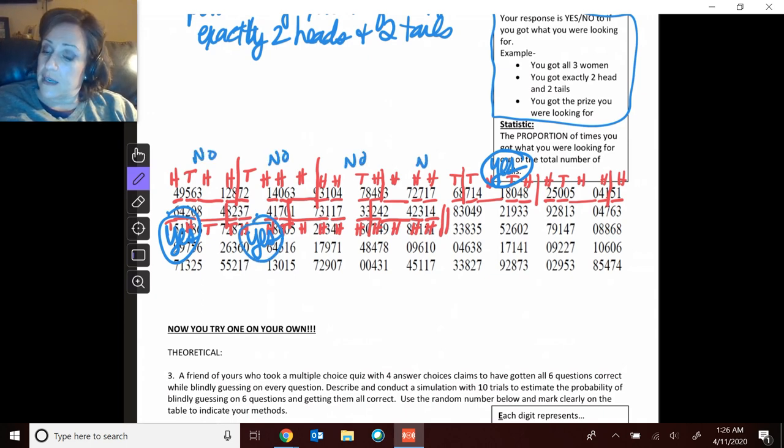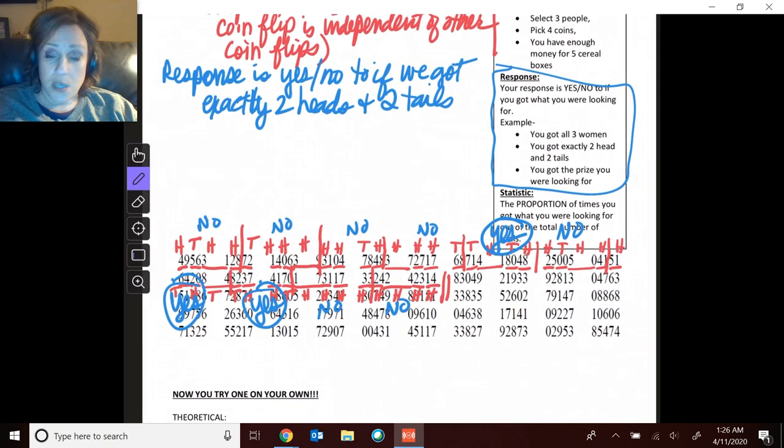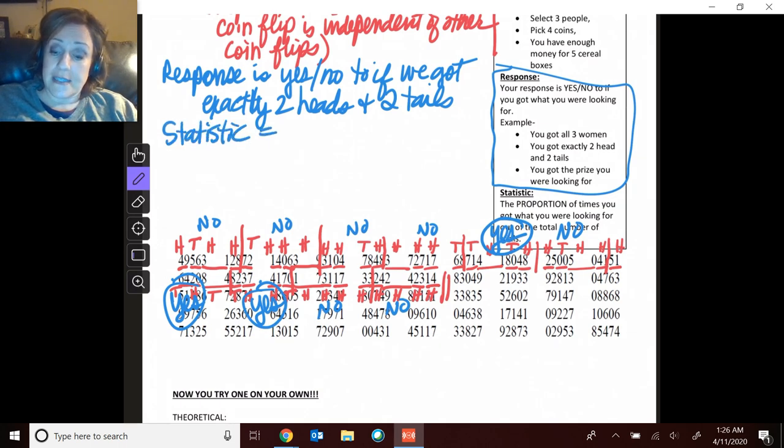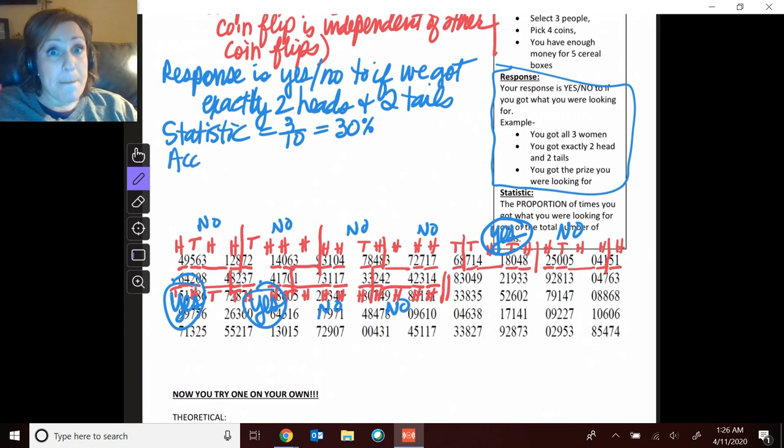Okay, so you could have written that all along as you went. So that means that for my statistic, what proportion of times did you get what you were looking for? Well, I got 3 out of those 10 trials. So my statistic is 3 out of 10, which was 30%. So, according to your simulation, about what does this show? Because it's got to have that approximation language in there.